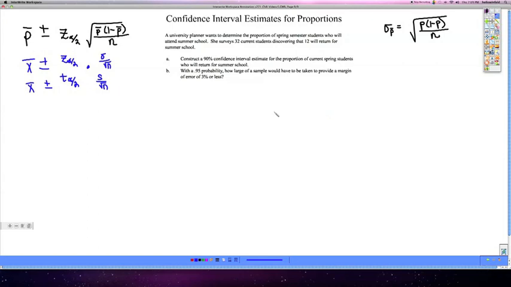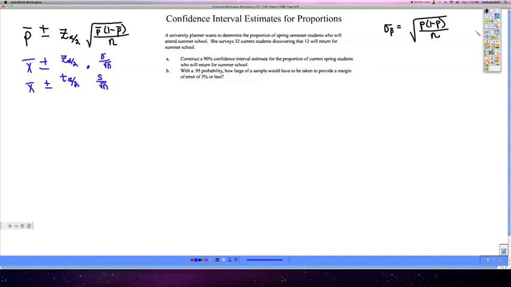So everything is pretty much the same. We just have to know that the standard error is given by the square root of p times 1 minus p, divided by n. That really is the only difference.